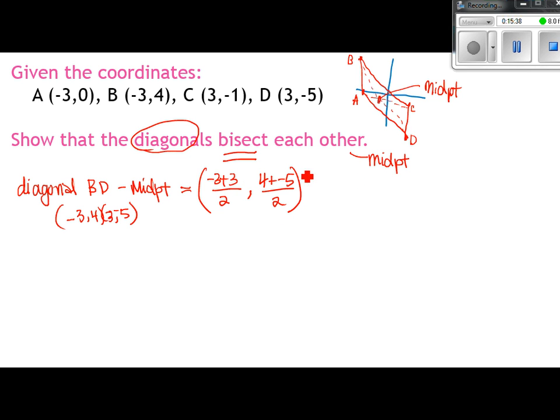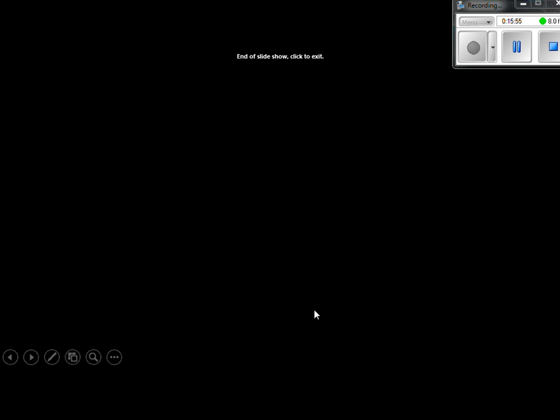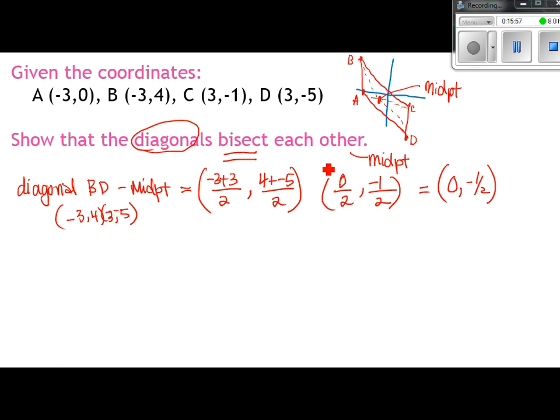Negative 3 plus 3 is 0, and 0 divided by 2 is 0. 4 plus a negative 5 is negative 1 divided by 2. And so the midpoint would be (0, -1/2). All right, that would be our midpoint. So we've got the midpoint of the diagonal BD.